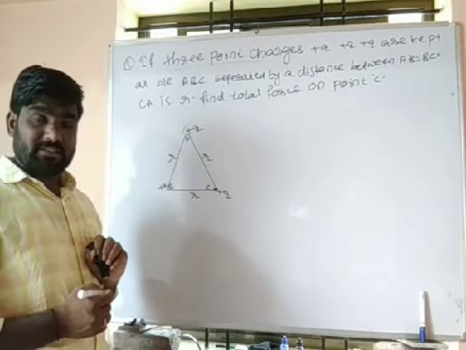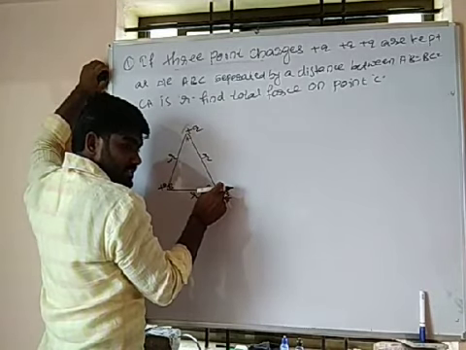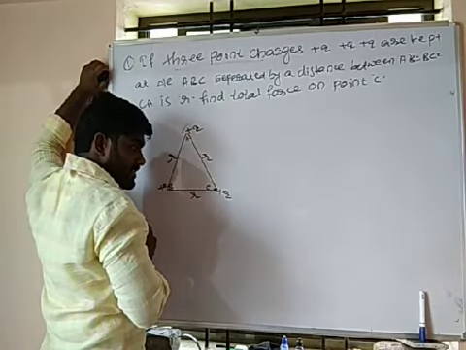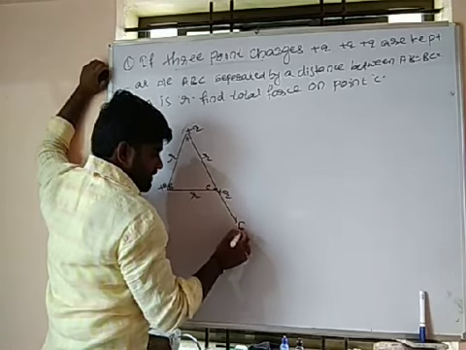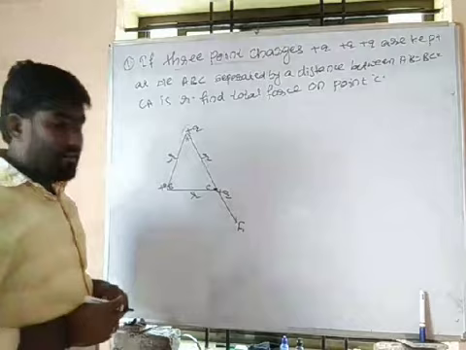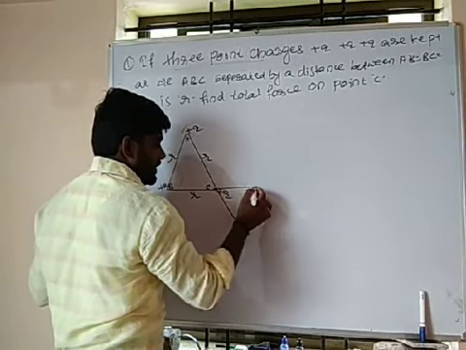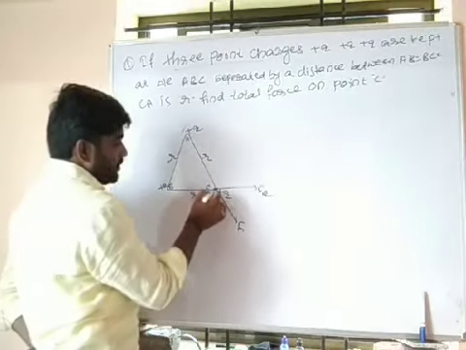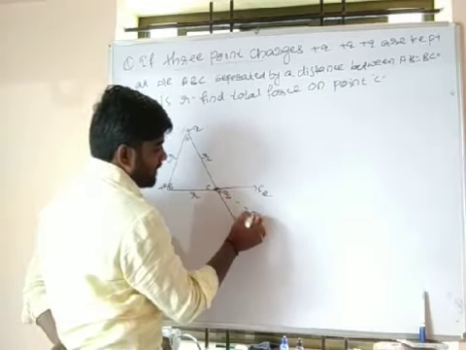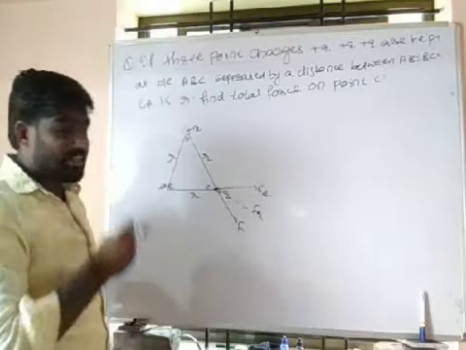How to calculate this? See here. According to these two charges, it is a positive charge. These two are positive charges. So positive charges, the sense F1 will be along this direction. Again, according to these two charges, plus Q, then F2 will be along this direction. I want to calculate F of R. F of R. Vector addition of two vectors.